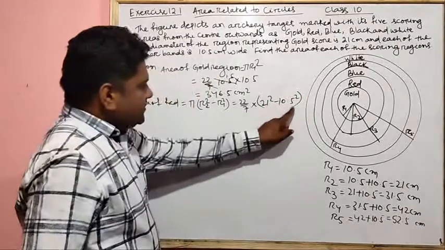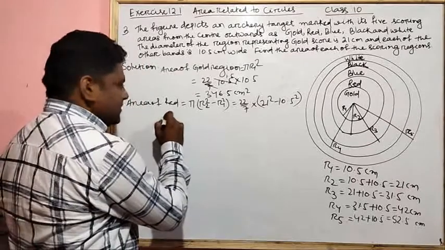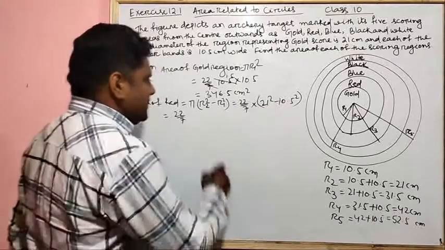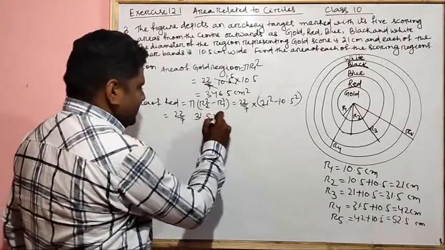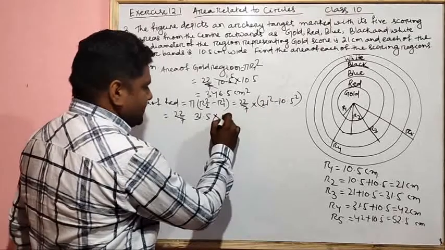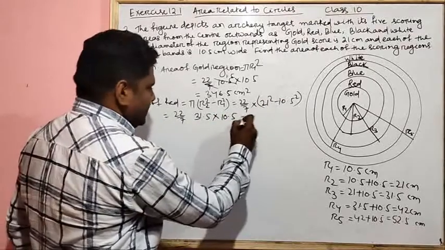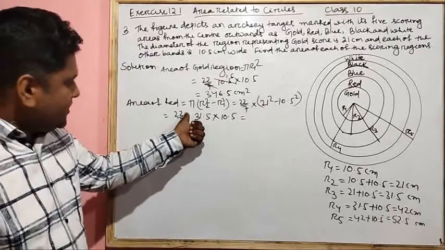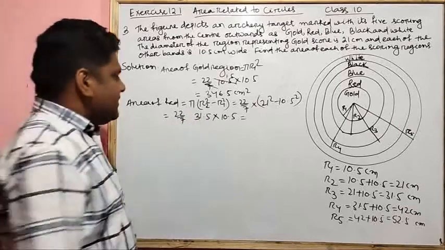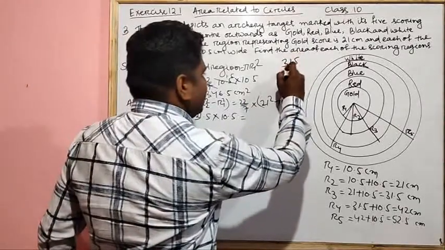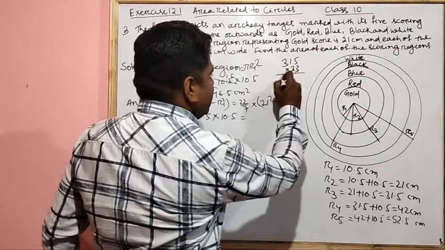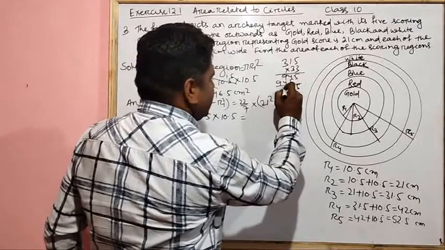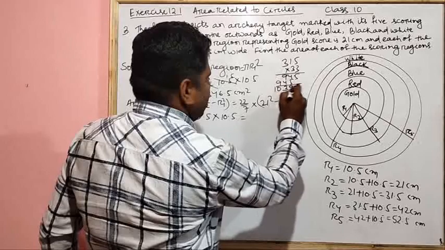Putting a square minus b square equal to a plus b into a minus b, we will get 22/7 into 21 plus 10.5, it will be 31.5, into 21 minus 10.5, it will be 10.5. So it is equal to, cancelling 10.5 by 7, it will be 1.5 into 22 is 33, 31.5 into 33, 315 into 33, it will be 945 and 945.